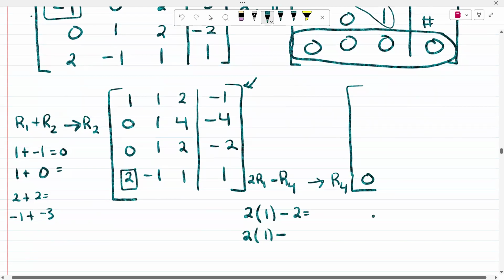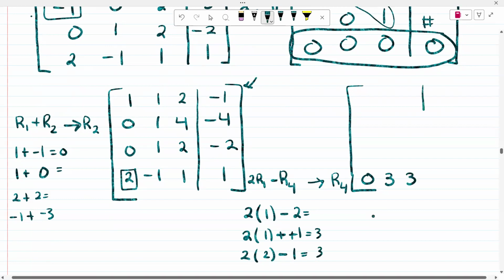Minus second number in row 4, -1. So 2 minus that becomes positive, so that's 3. Okay, keep on going. 2, and then third number in row 1 is 2, minus third number in row 4 is 1. 4 minus 1 is 3.